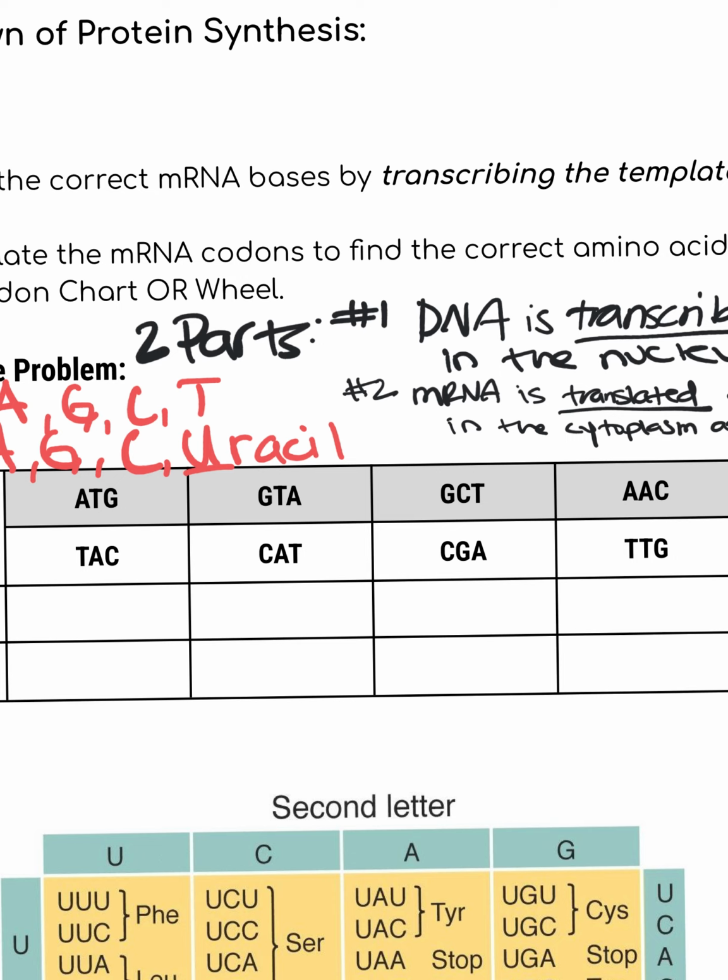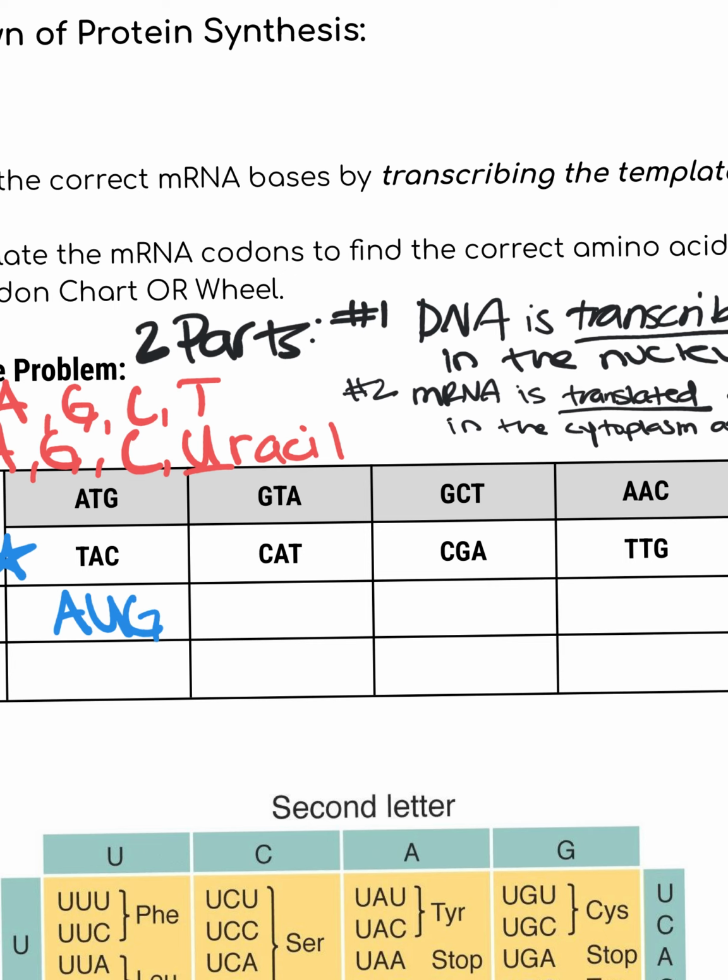Okay, so when we are looking at our first step, so when we're transcribing to mRNA, that's where we're using those base pair rules. So if you look at your first one, we're going to use the template strand of DNA, and we are going to match our letters. So remember, T pairs with A. A, now that we're in RNA, pairs with a U, and C still pairs with G. Okay, moving on to our next codon, our group of 3.